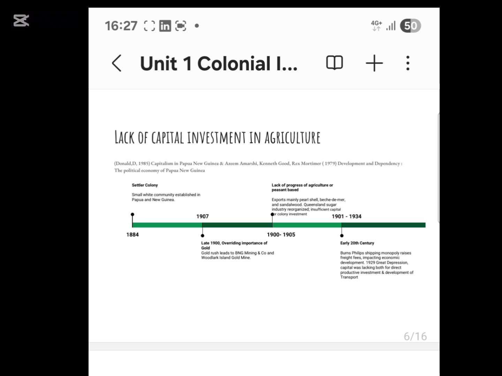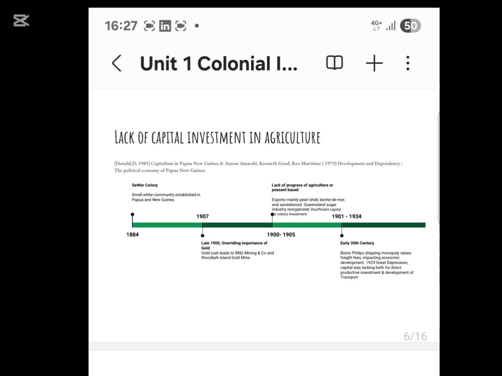And by 1929, you have the Great Depression, which again affected any agricultural or plantation development in the Papua region. So the reason why there is a lack of agricultural or plantation development in the Papua region was because of these structural issues.